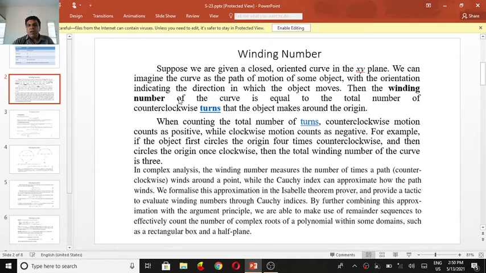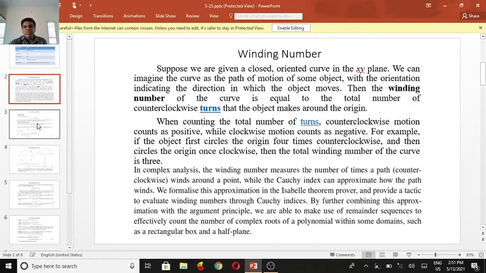Then the winding number of a curve is equal to the total number of counterclockwise turns that the object makes around the origin. When counting the total number of turns, counterclockwise motion counts as positive, while clockwise motion counts as negative.